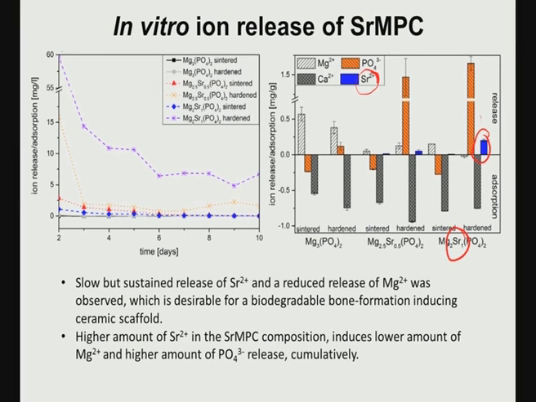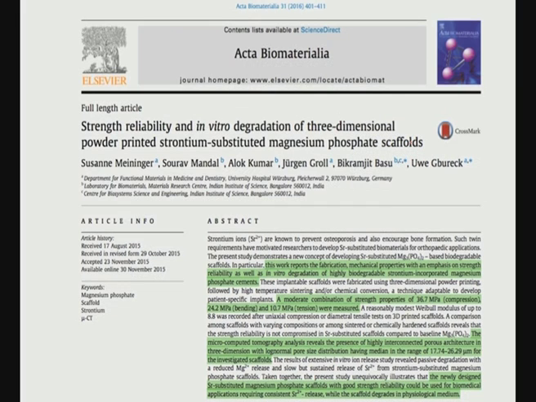This release is important because the strontium is not absorbed, it should be released, and once it is released, it stimulates the balance between osteoblast and osteoclast cells in the bone. In osteoporotic bone, your osteoclast cells are more in number than osteoblast cells, so strontium release will activate the biophysical processes to strike a balance between them.